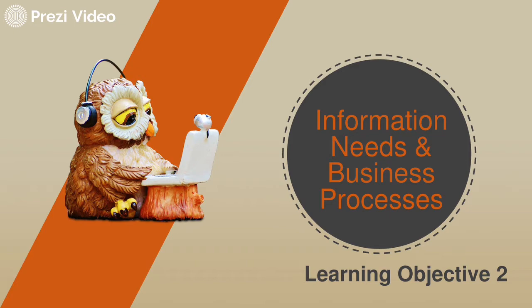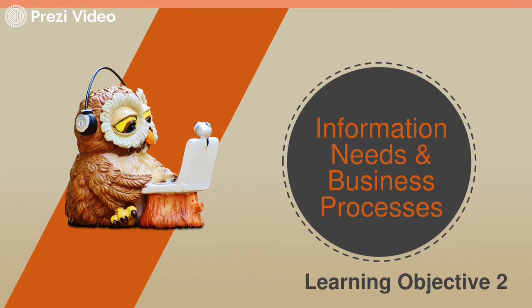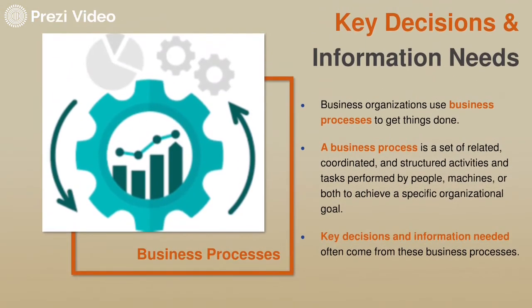Information in the organization is organized through a set of related, coordinated and structured activities and tasks, performed by a person or by a computer, or it can be a task performed by a machine, that can help accomplish a specific organization goal. We describe it as the business process.